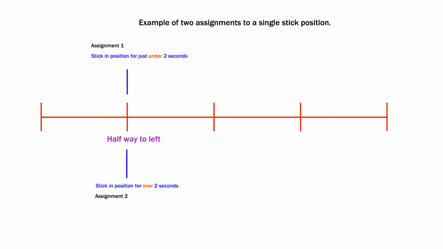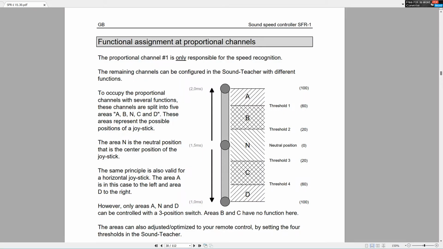They are referred to in the software as short in position and long in position. Therefore, there are 8 possible assignments you can put on each proportional axis, making a total of 16 different actions or functions you can assign to the 2 spare stick channels that you have, channels 3 and 4. As I said a minute ago, reading pages 30 and 31 in the manual will explain this in more detail.